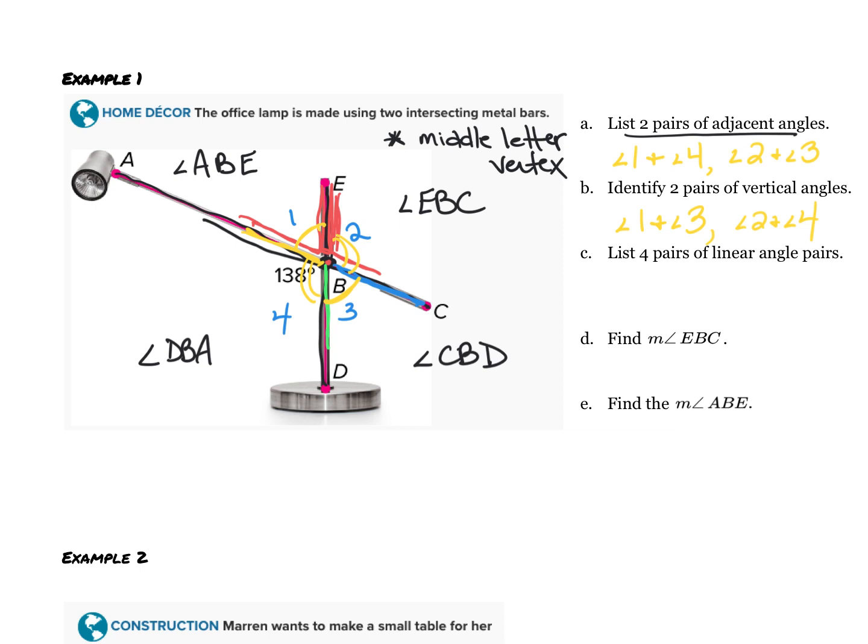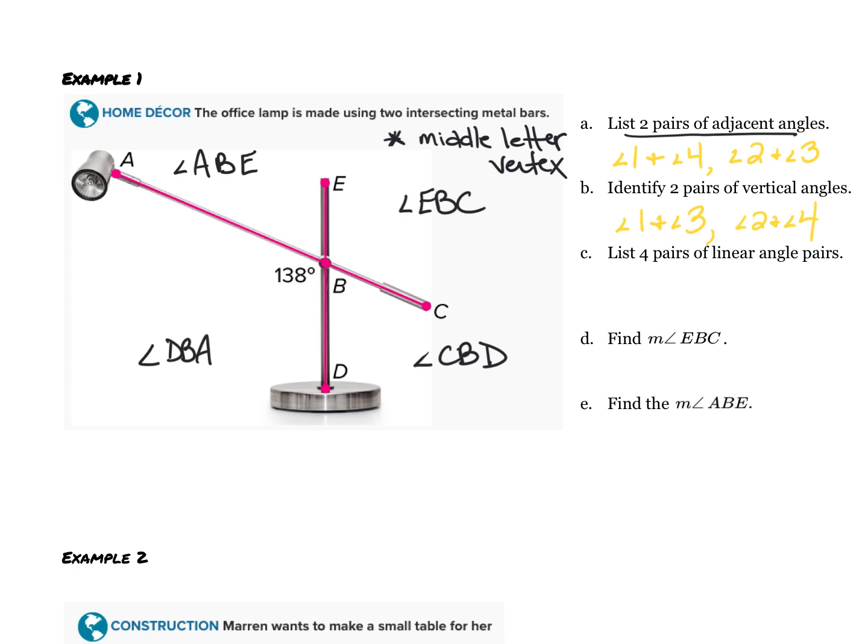Next question, list 4 pairs of linear pairs. Okay, so those are the pair of angles that form a line. All right, so let me do some erasing here because there's a lot of color here, and I want to make sure we clean this up a bit so it's easier to see.